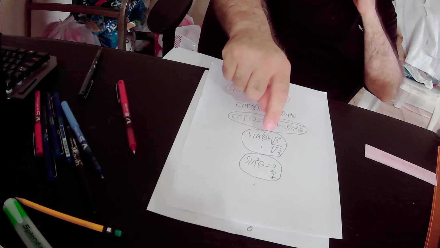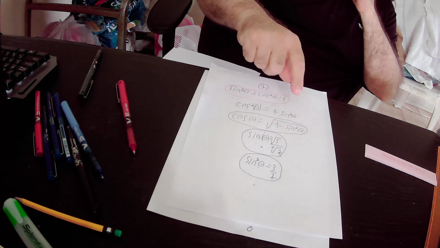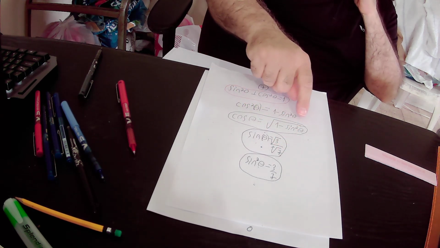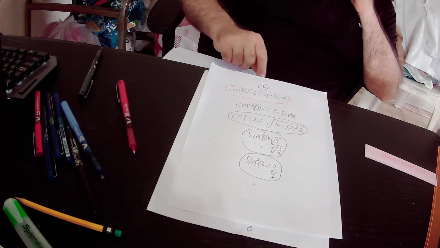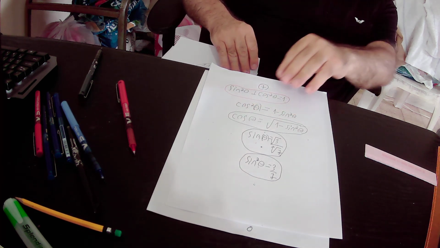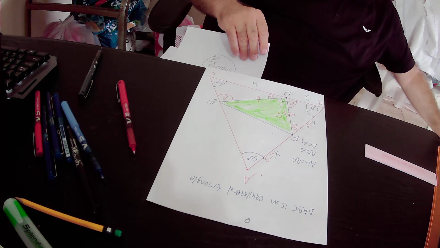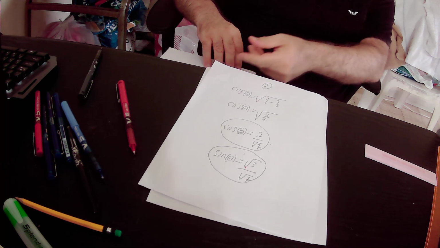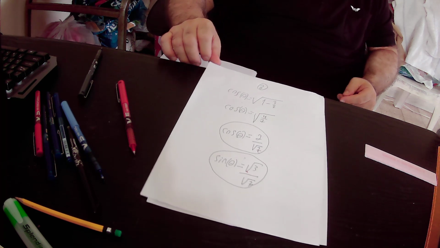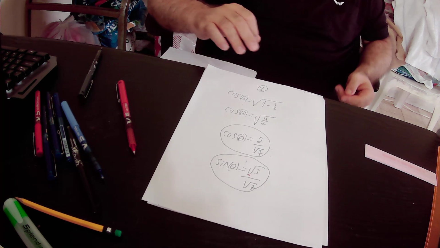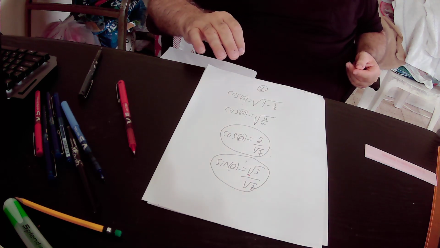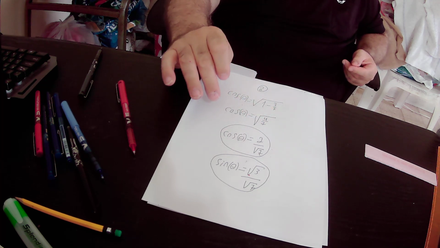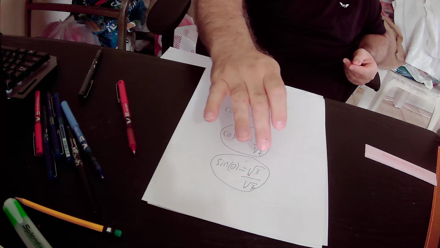We substituted sine theta squared by 3 over 7 in this equality and got that cosine theta equals the root of 1 minus 3 over 7. 1 minus 3 over 7 is 4 over 7. So we got that cosine theta equals 2 over root 7, while sine theta equals root 3 over root 7.